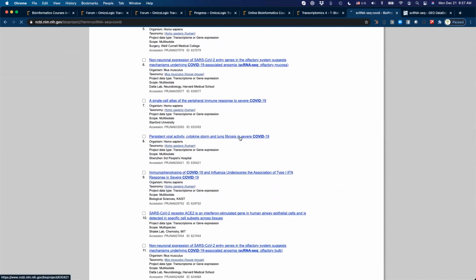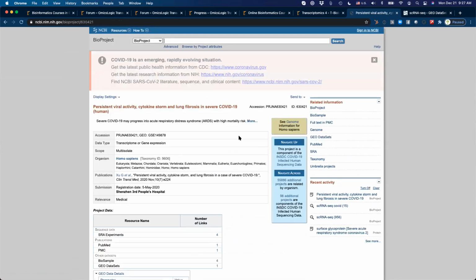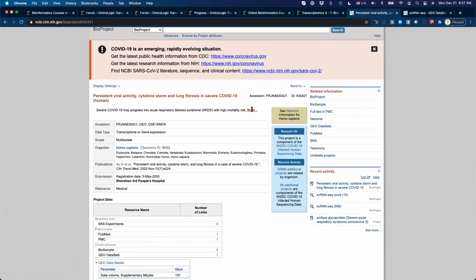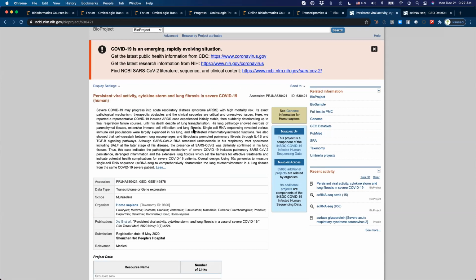Okay, so let's take a look just over here and let's see. And again, what we want to find is the design. So how was the data designed? How was the experiment designed?